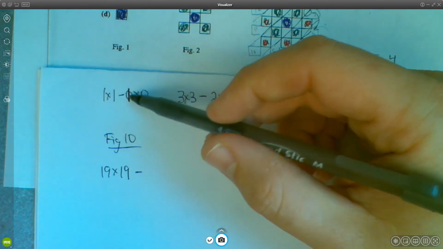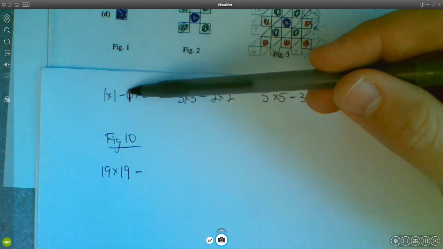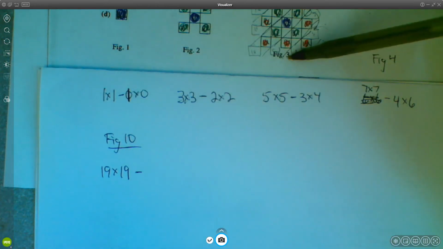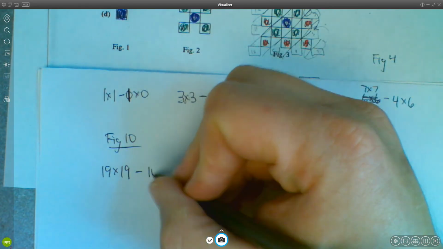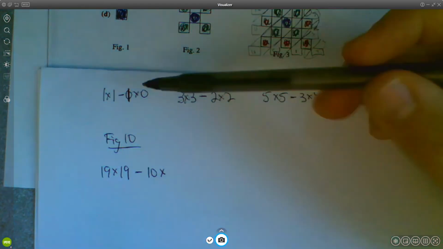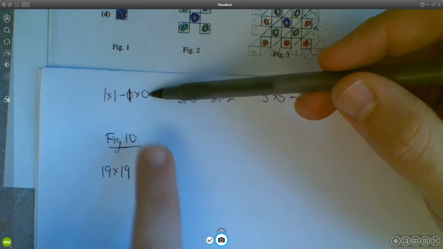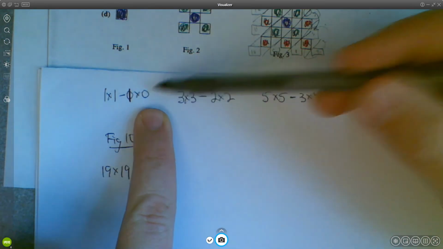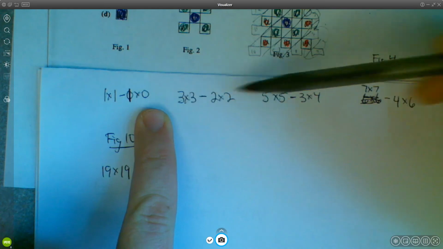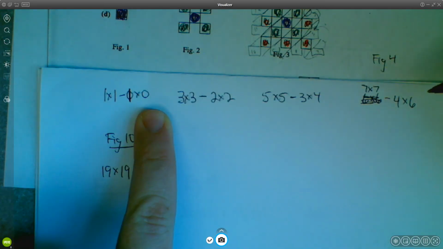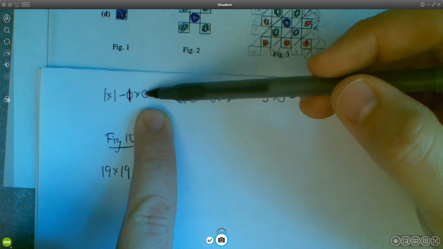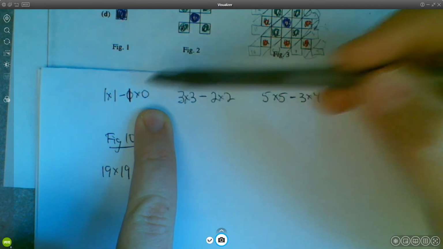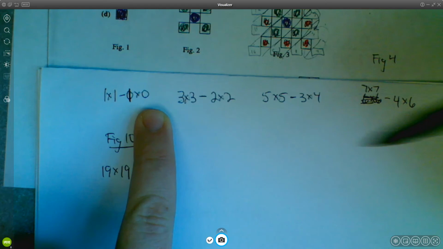And then this matches the figure number. So I think it's going to be just the figure number times, now what in the world is this? Again, this is increasing by 2. 0, 2, 4, 6. If I say 2 times the figure number, that would be 2, 4, 6. So it's offset a little bit.